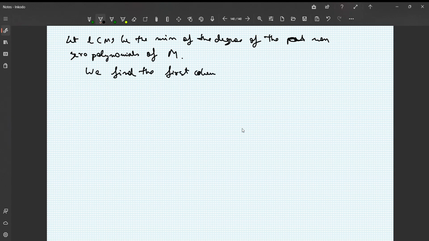What we do is that we find the first column which contains an entry with the degree L. Okay, clear?